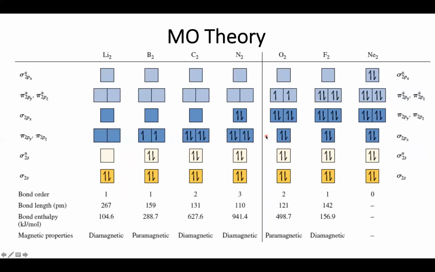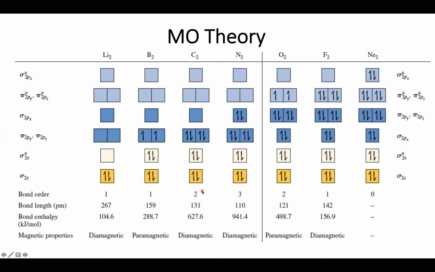Instead, what we can do is look at the bond order for all of our various molecules. So for lithium, it will only have a bond order of 1 and will be diamagnetic. Beryllium will have a bond order of 0, boron, bond order of 1. But notice now we have unpaired electrons, so it will be paramagnetic, or it will respond to a magnetic field.